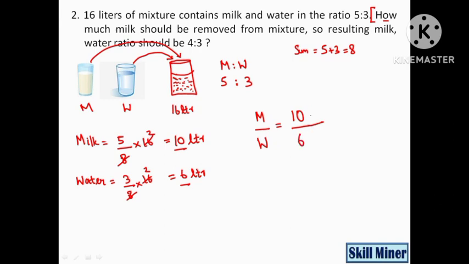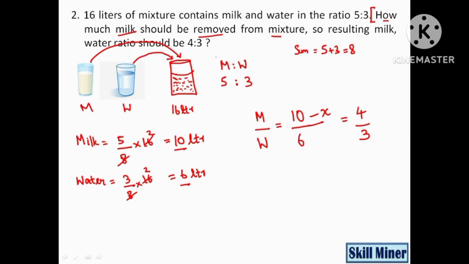As per the second condition, we need to remove some milk from the mixture, so that the resulting ratio is 4/3. The resulting milk-water ratio will be 4/3.